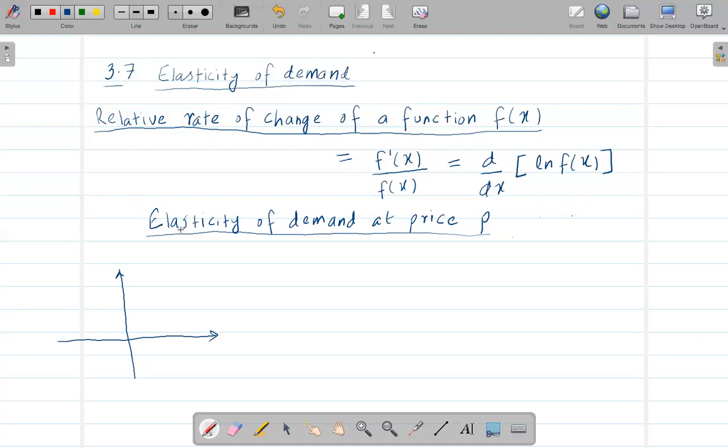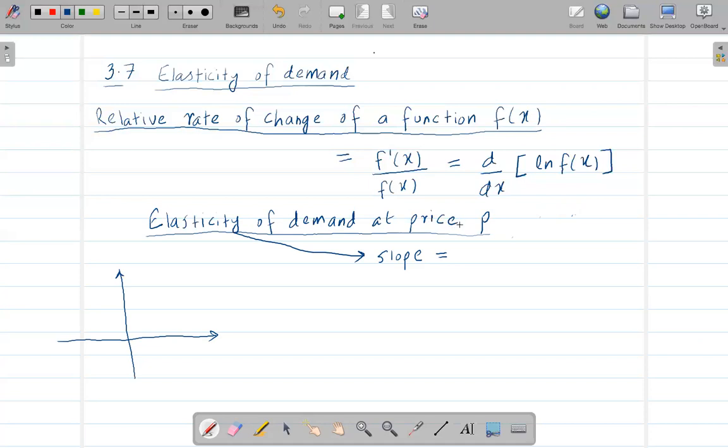The elasticity here means it is a slope, a slope that depends on demand and price.